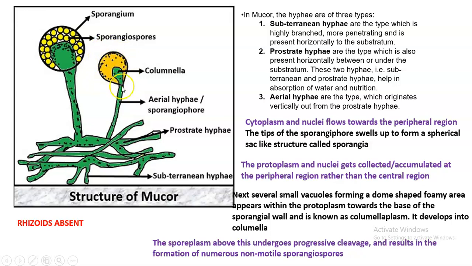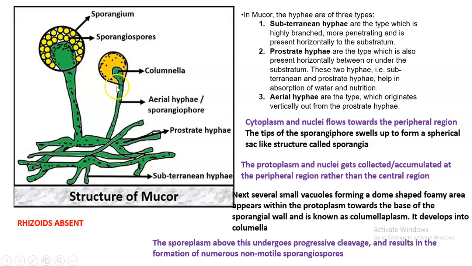What happens to the central region? Small air-bubble-type vacuoles form a dome shape at the base of the sporangial wall. The top region becomes sporangioplasm, where the spore-forming material is accumulated, and the bottom area becomes columella-plasm, which will form the columella.